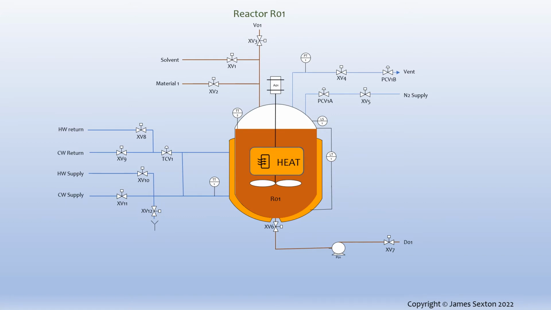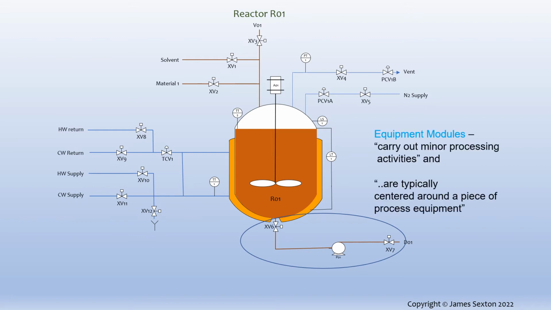Even though defining equipment modules based on groupings of control modules is contrary to ISA-88, I have seen collections of control modules like the outlet line here defined as equipment modules in vendor literature. Compare this to the criteria of ISA-88. Do these control modules do any processing? No. Is there any process equipment present?